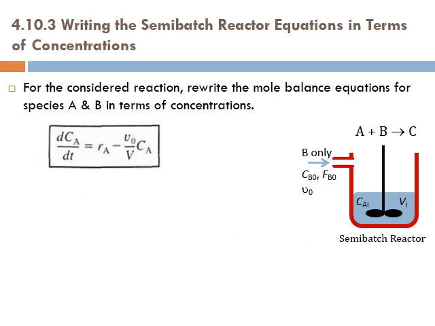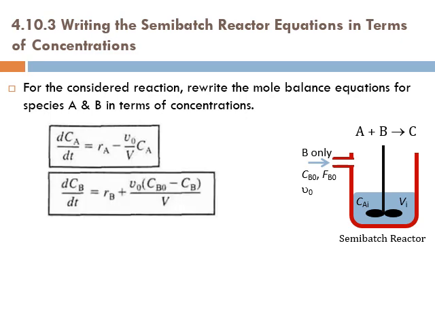If we do the same thing for dNB by dt, we get this equation. And again, remember, for this setup, where it was initially charged with A only, at time equals 0, CA equals CAi, the initial concentration, right? And CB equals 0, because we did not have B inside the reactor initially at time 0.